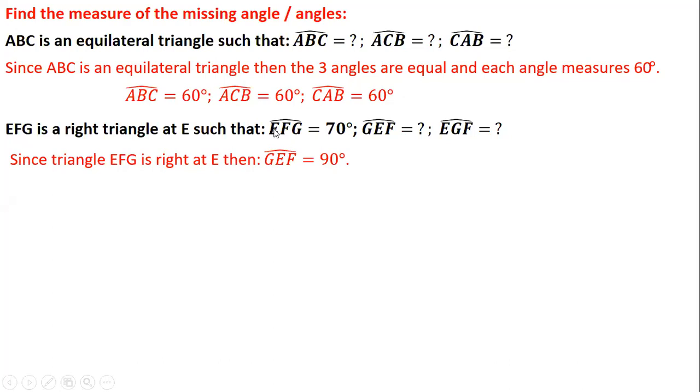So now I know EFG is 70, GEF is 90. I still have one missing angle. How can you find this missing angle, Huda? First, we put the sum of angles in a triangle. Right, so we start as Huda said from the sum of angles in a triangle.